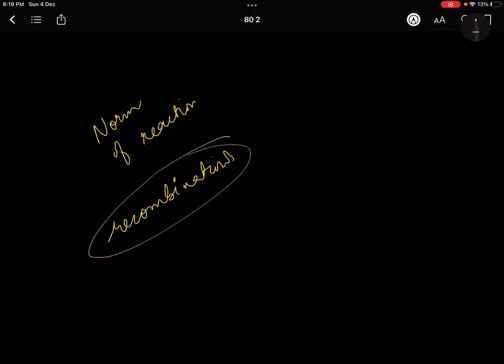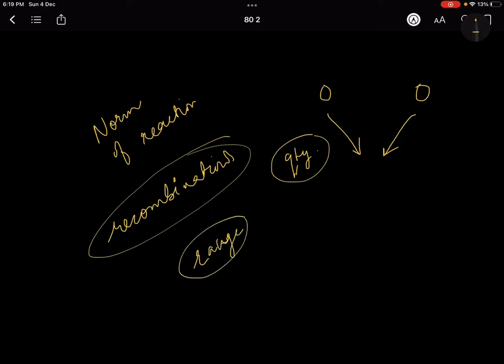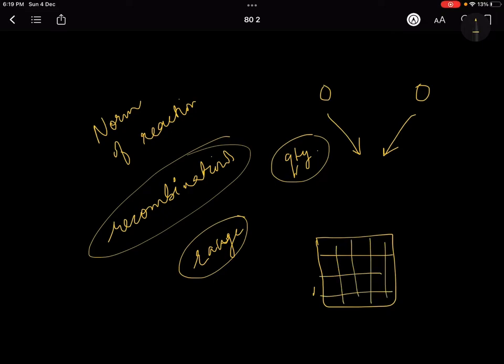When parents pass on their genes to their offspring, so many genes are at play, so if they recombine and make newer combinations, a whole range of recombinations is present. In that range, there could be any one type that you can inherit. That becomes the norm of reaction.